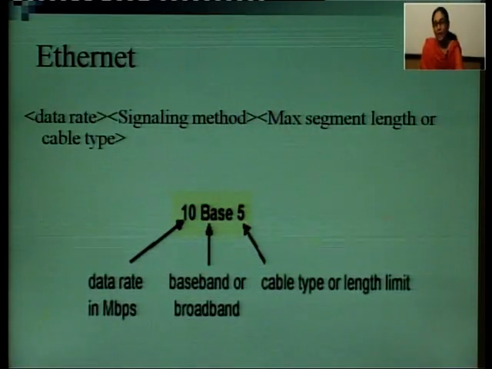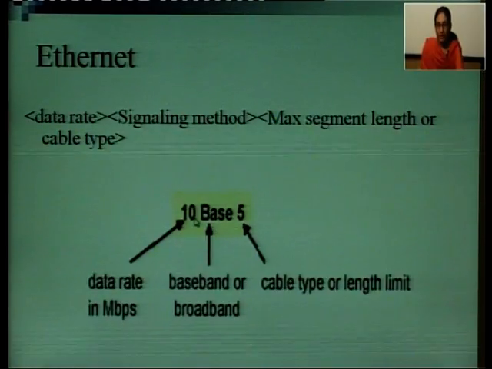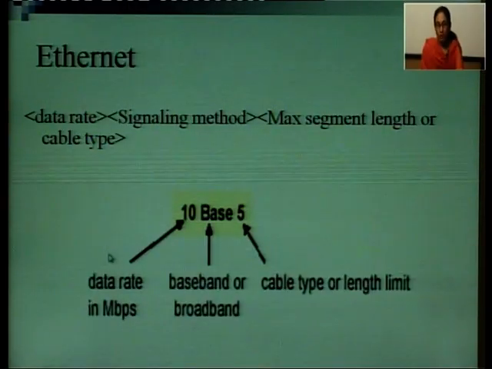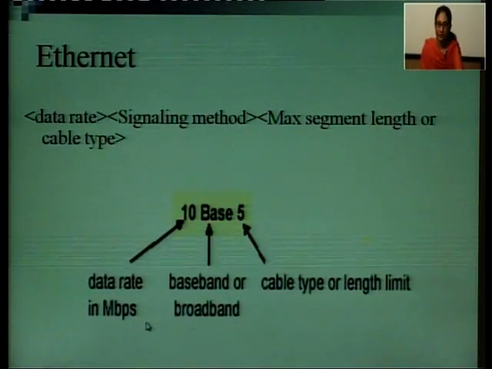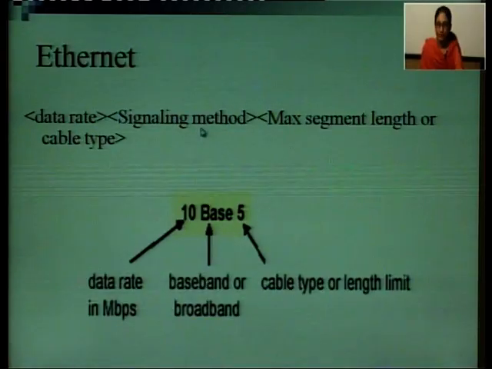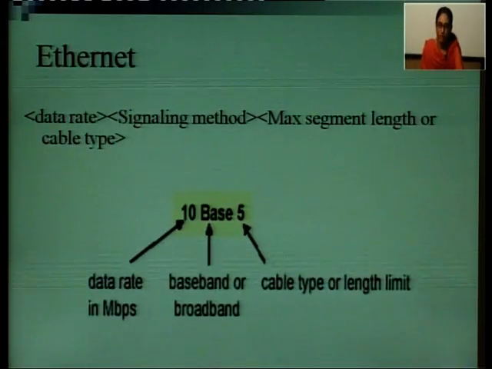Now what do you mean by the syntax that is used, that is 10 base 5? The first number, 10, specifies the data rate in Mbps, so a data rate of 10 means 10 Mbps. Next is base or broad, which means the signaling method, baseband or broadband. If it is base, it is concerned with the digital signal and handles Manchester encoding.